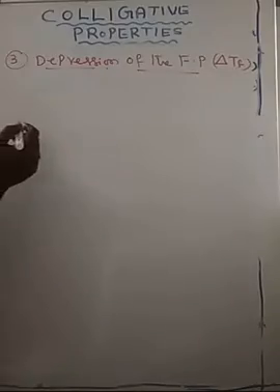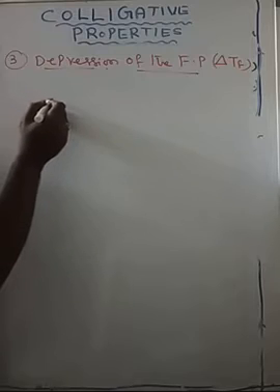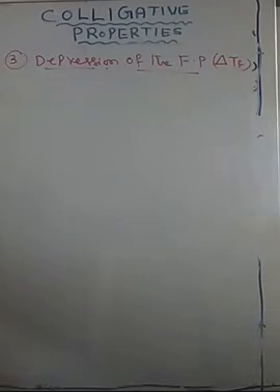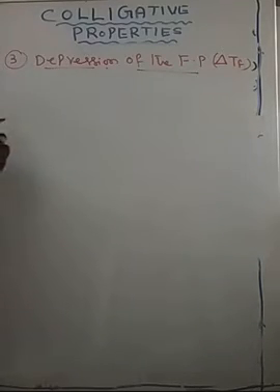Earlier we observed, when we take the pure solvent and the solution, that the vapor pressure of the pure solvent is more than that of the solution, but the boiling point of the solution is more than that of the solvent, whereas the freezing point of the solvent is more than that of the solution.